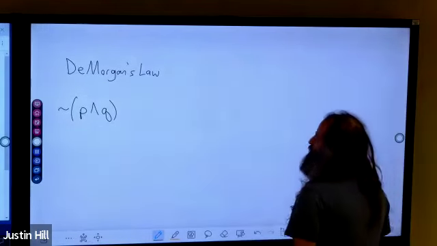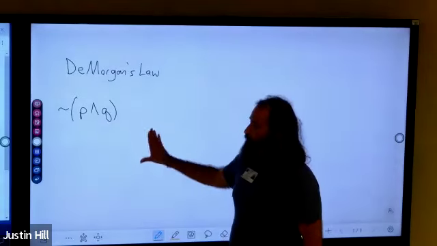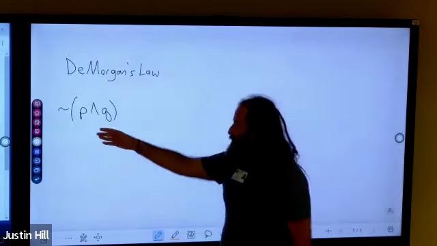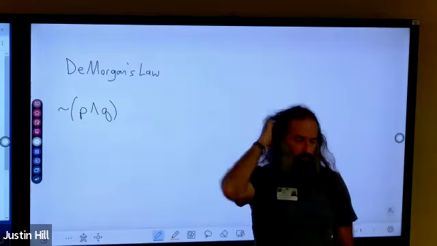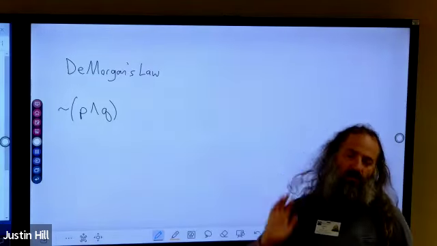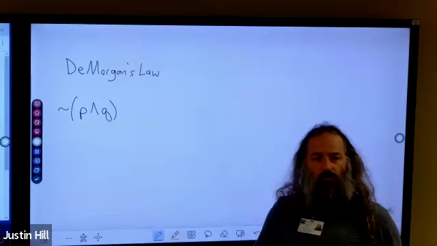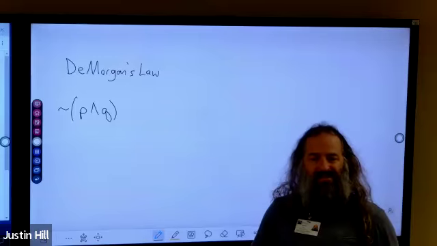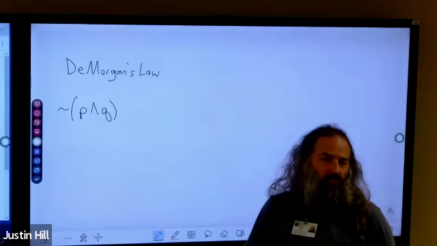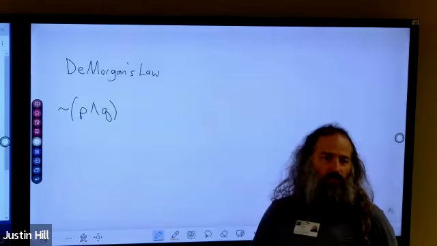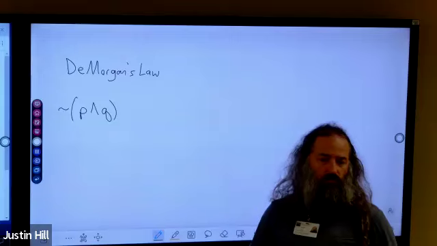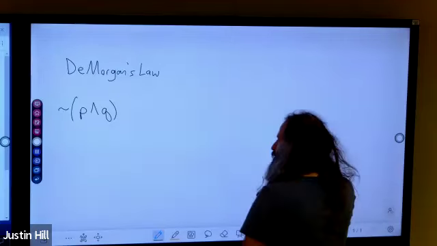First, let's figure out the truth value for the whole statement. Then we're going to look at whether it is equivalent, whether the pattern is the same as some other statements.